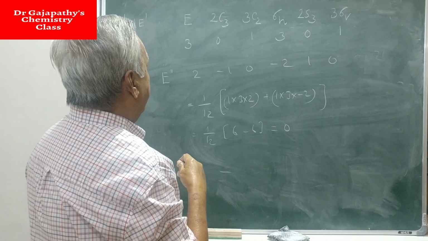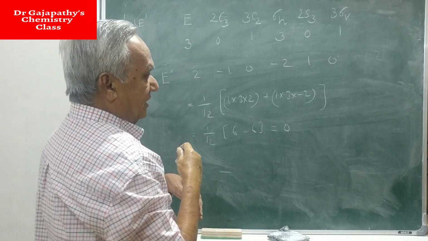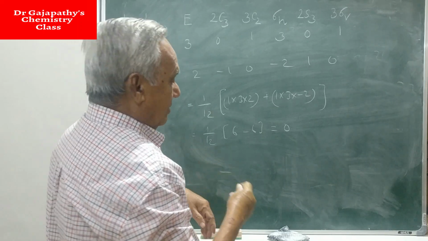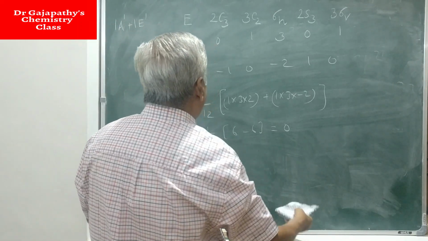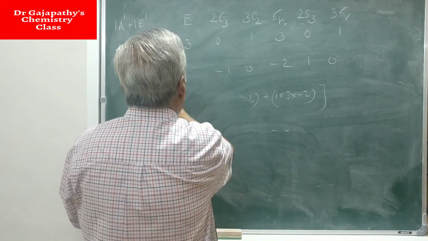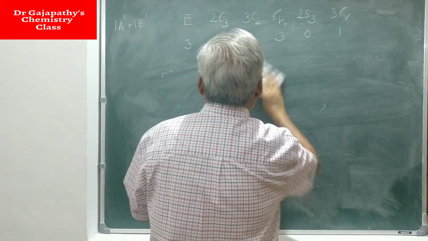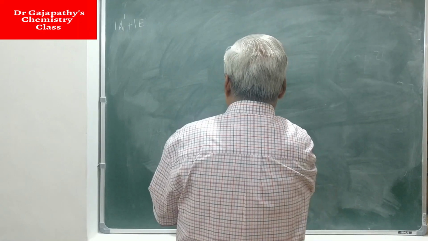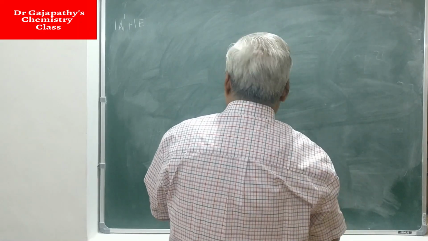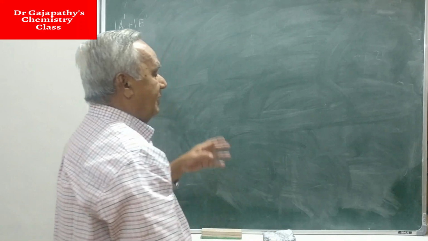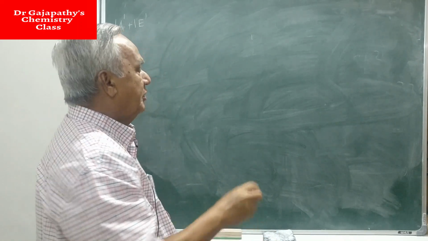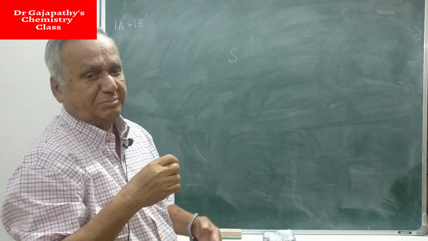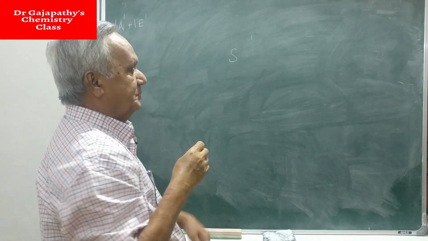So if you reduce this reducible representation, I get one A1 prime and one E prime. So I must look for the orbitals which belong to this symmetry. If you look at the third column of the D3h character table, you can find out which orbital belongs to this. Of course, we know that the s orbital is totally symmetric, and that belongs to A1 prime.